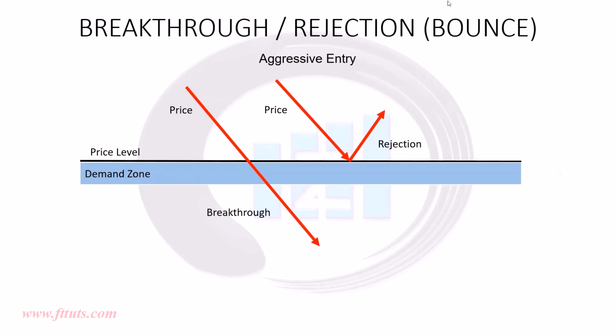Either way, the close of this candle here or the close of this follow-up rejection candle here, those are aggressive entries because we have no confirmation yet that price will indeed continue downward or that that support level will indeed hold price from going any further down.